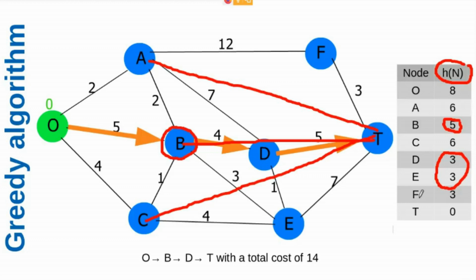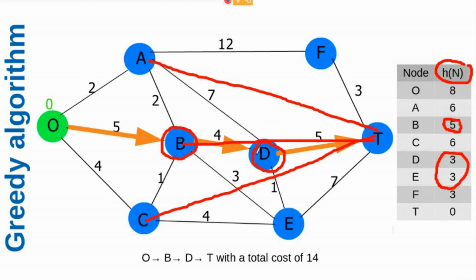We have a tie. We have the same heuristics associated with D and E, so you can consider any of them. Let's consider, for example, that we take D as the choice.